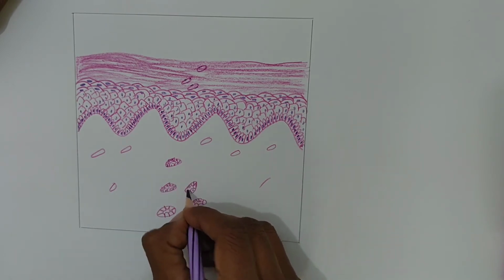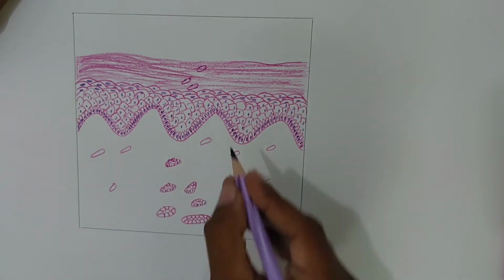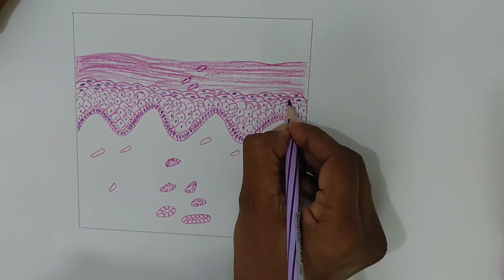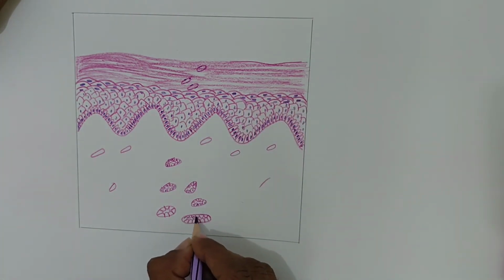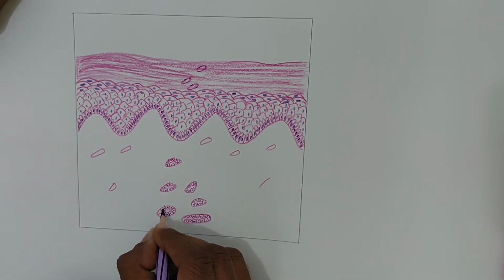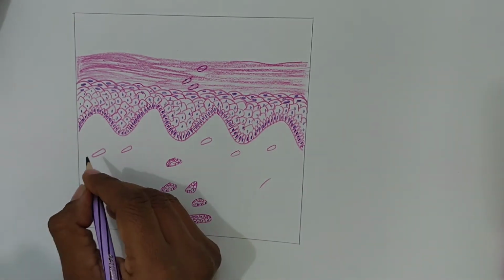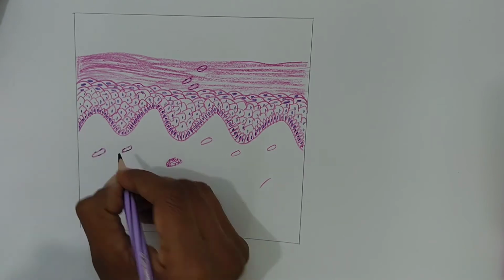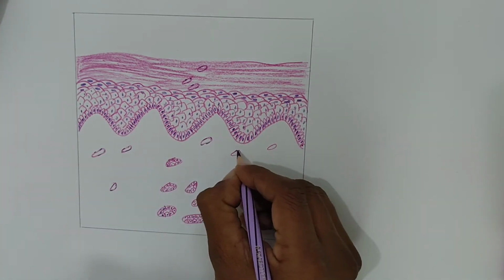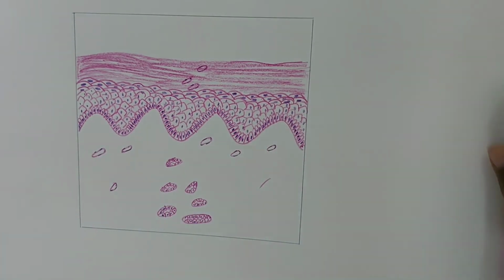Another feature of this thick skin is the absence of hair follicles, sebaceous glands, and arrector pili muscles. These are the sweat glands which are present. These are numerous small capillaries or blood vessels.